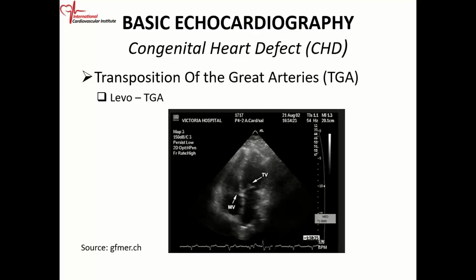So there are different techniques. You can do what we call an atrial switch. So if we transpose the left atrium to the right side, then we can get oxygenated blood going to the aorta.